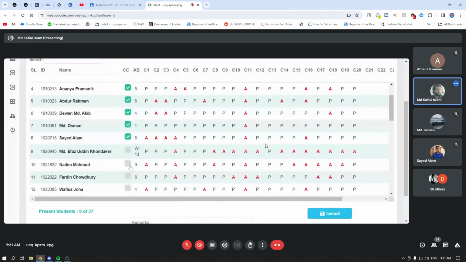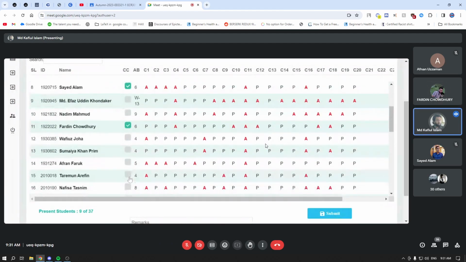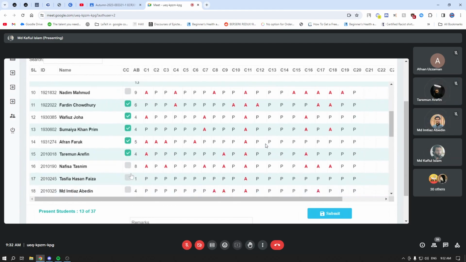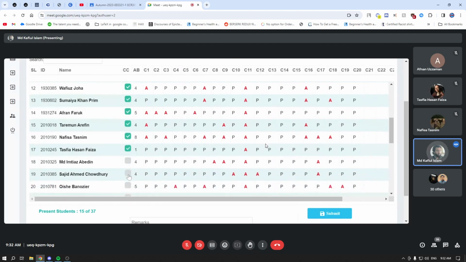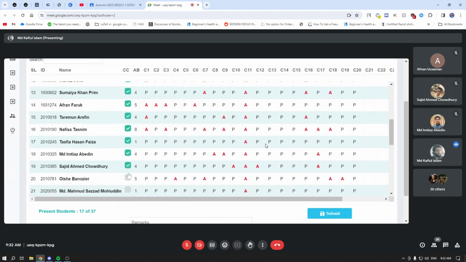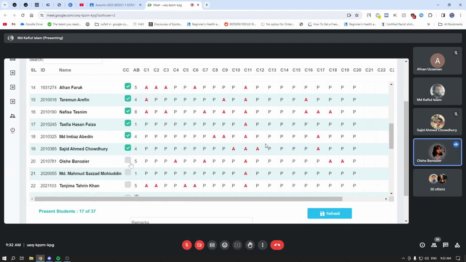Nadim Mahmud, Nadim, Fardin, yes, sir. Sumaya, present, sir. Afran Farooq, present, sir. Nafisa, present, sir. Tasfiya, present, sir. Imtiaz Abedin, present, sir. Sajid Ahmed, present, sir. Oishi Benazir, present, sir.